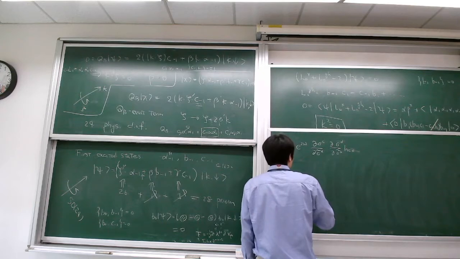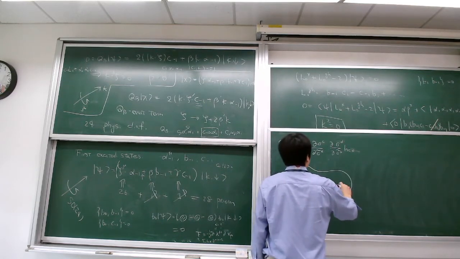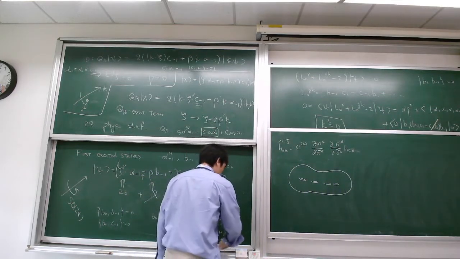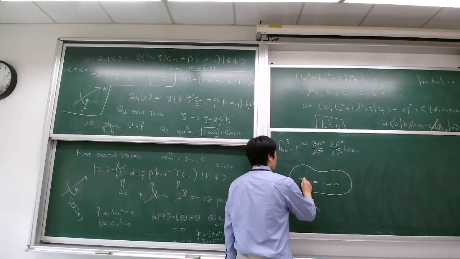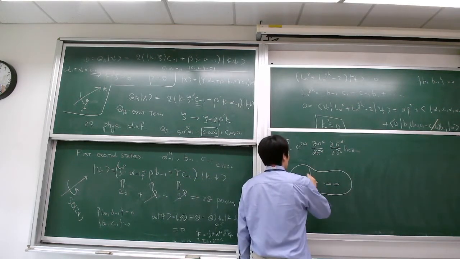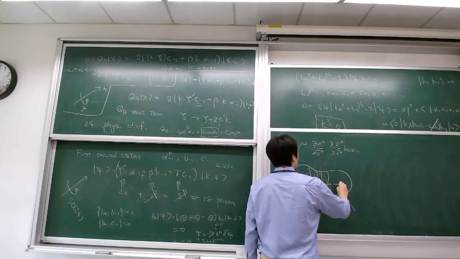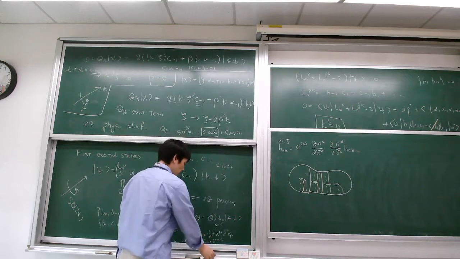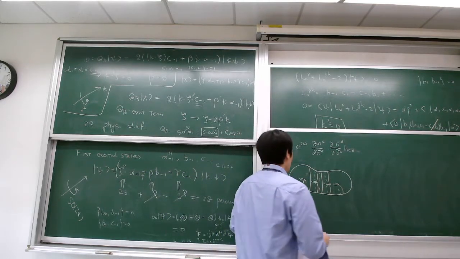So even for a Riemann surface, you have a pants decomposition. This number of lines is indeed equal to 3g minus 3.